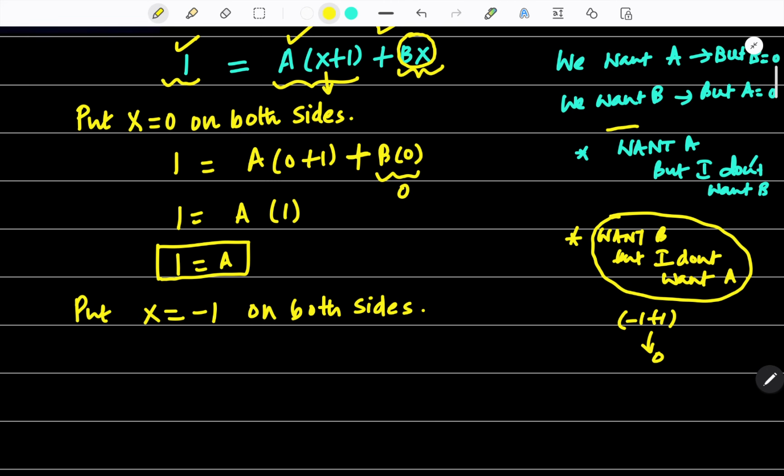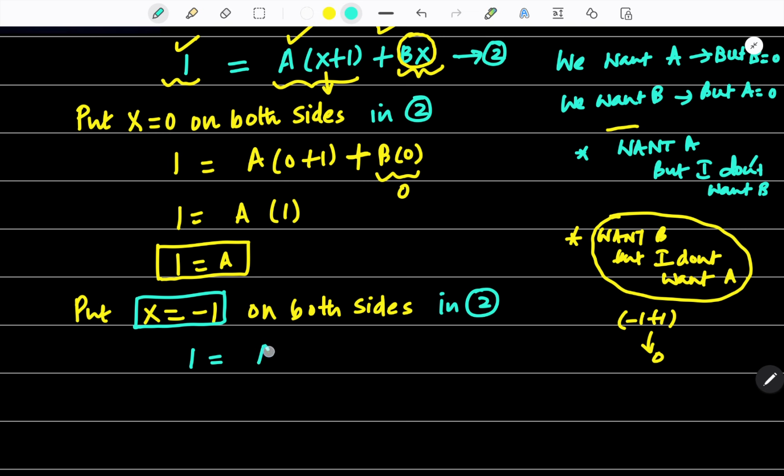Yes. So now I'm going to put x equals minus 1 on both sides. So 1 equals, let me call this equation 2. So in equation 2, I write it, that is easy for you. 1 equals a times minus 1 plus 1 plus b times minus 1. X is there, so put for x. But here there is no x. For all x it is 1.